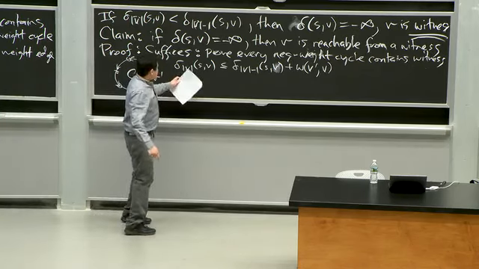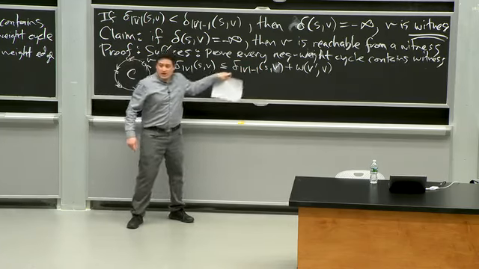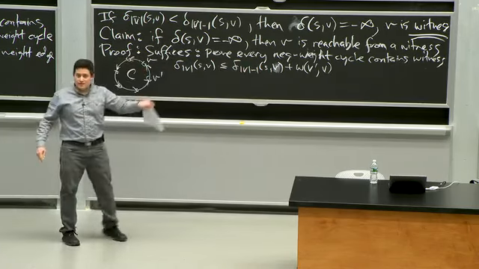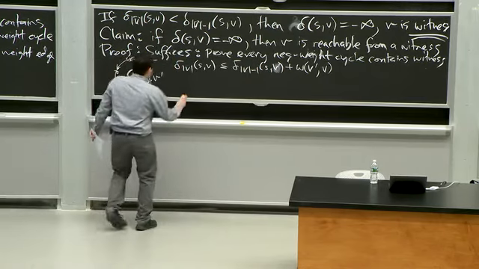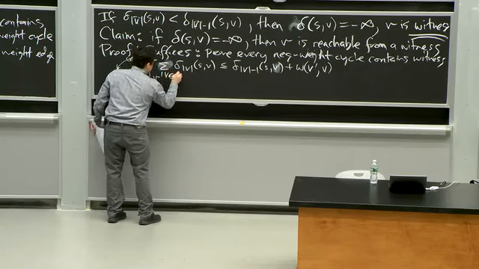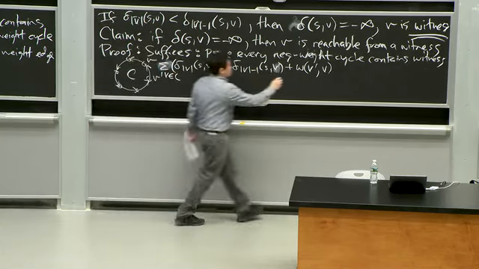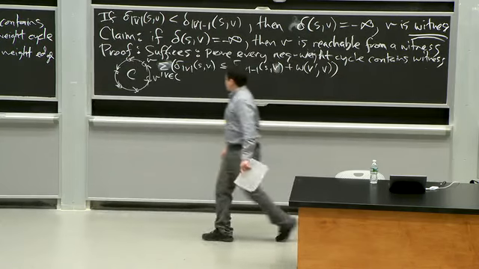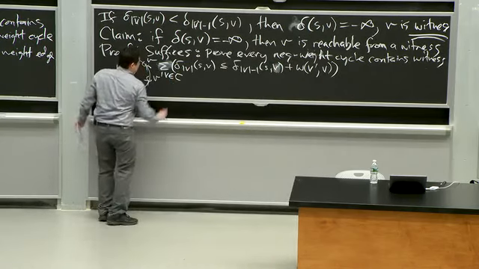Okay. Now what we can say is, let's take this equation summed over all vertices in my cycle. So I'm just going to add a summation here of all vertices in my cycle of this whole thing. I'm going to do that out a little bit neater.